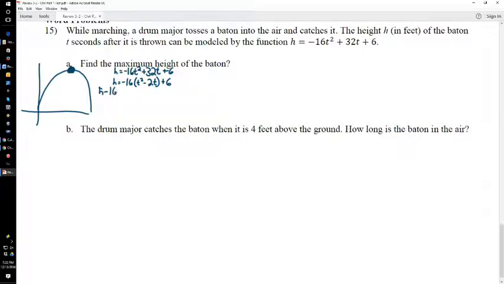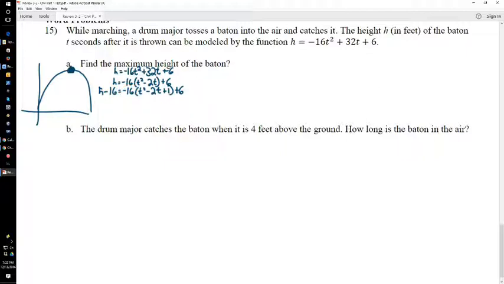That is an h over there, by the way. h minus 16 equals negative 16 parentheses t squared minus 2t plus 1 parentheses plus 6. Now, before you freak out about the negative 16 on the left, remember, we didn't just add a 1 right there. We added a negative 16 times 1, because everything in the parentheses is multiplied by the coefficient out front. So we had to add that negative 16 on the left.